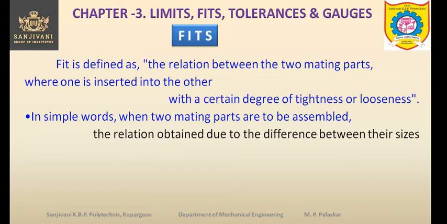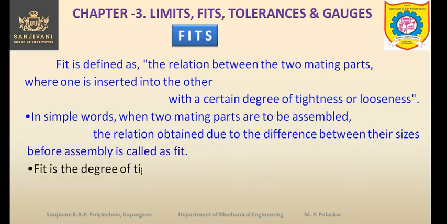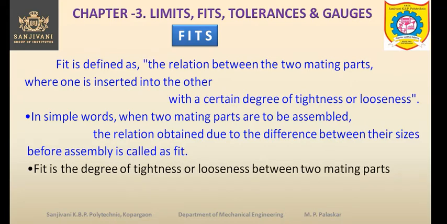In order to have the appropriate fit, we must have some appropriate difference between their sizes. So the relation which is obtained due to the difference between their sizes before assembly is called fit. Fit is the degree of tightness or looseness between the two mating parts to perform a definite function.